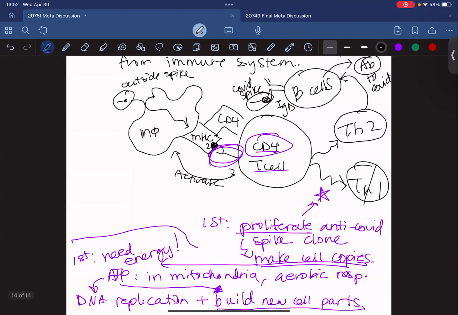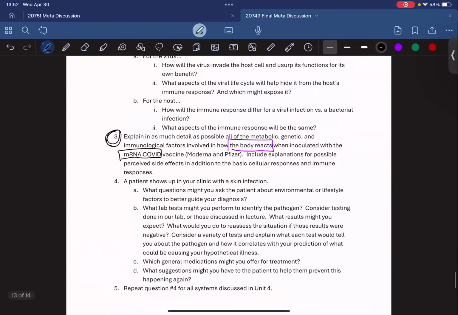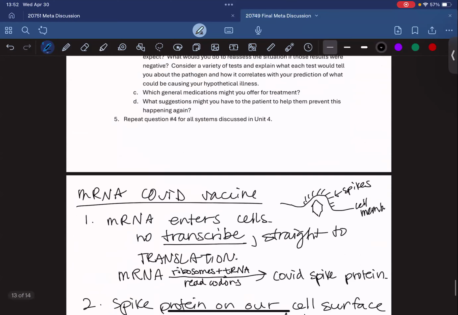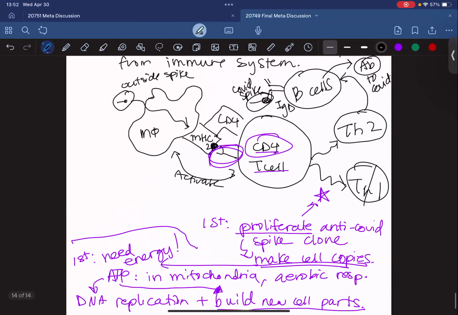Okay, so one of the things that it also asks with that is include explanations for perceived side effects, in addition to the basic cellular responses and immune responses. So we went over the immune responses, but what other side effects might we have?